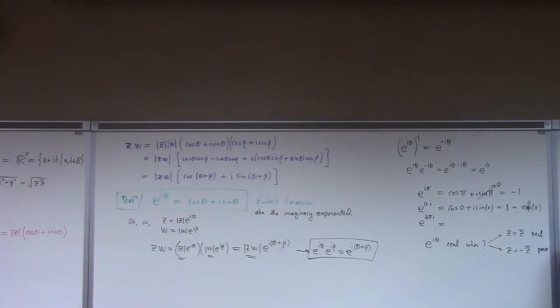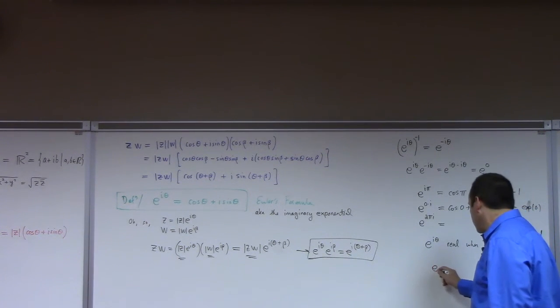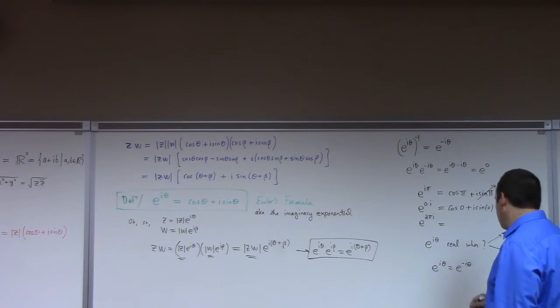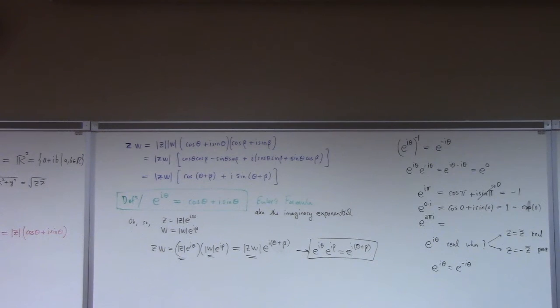You could take those as definitions if you like, but they agree with what you guys were thinking about. The real part is the only part that's non-zero, or the imaginary part's 0, or the real part's 0. So if we look at the equation, e to the i theta equals e to the minus i theta, which would be, by the way, you're like, wait a minute.